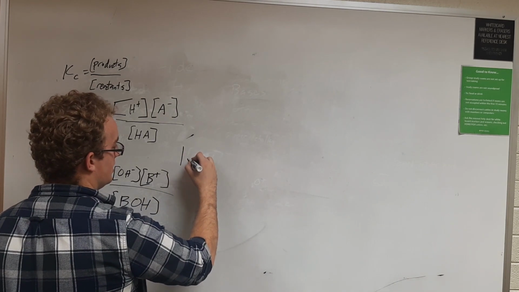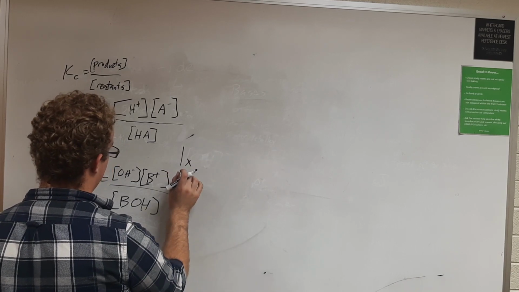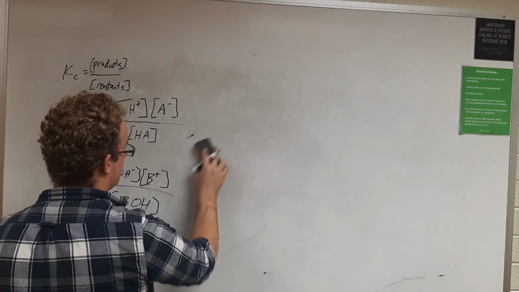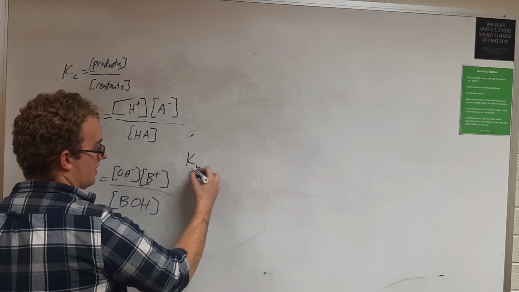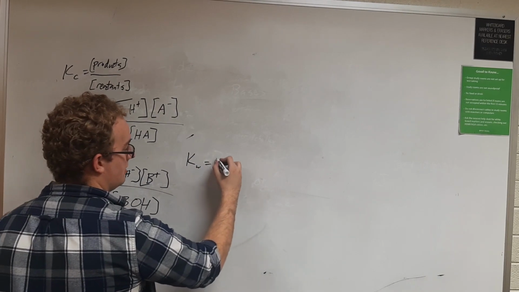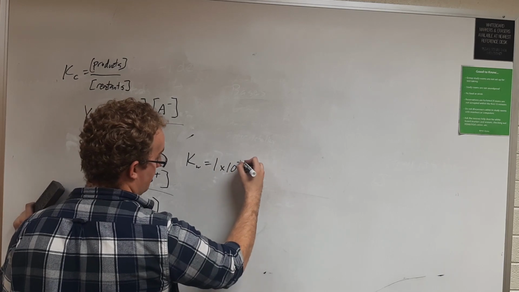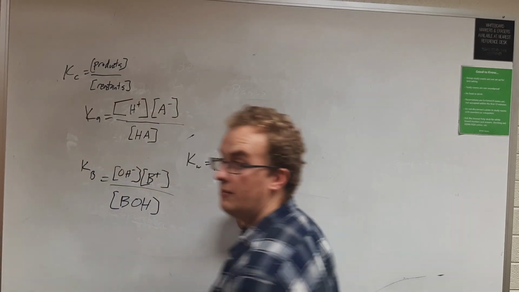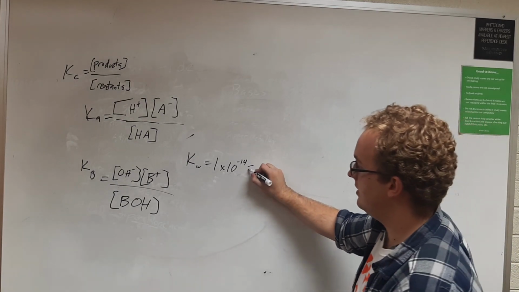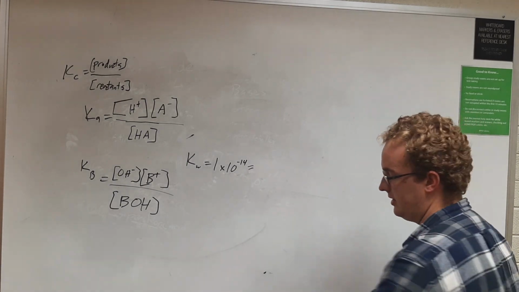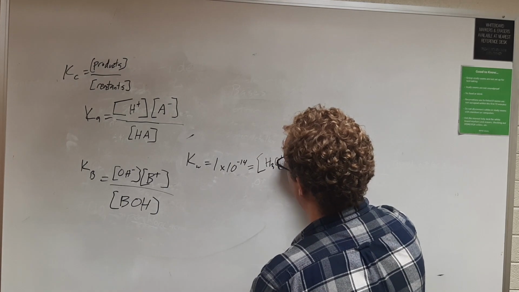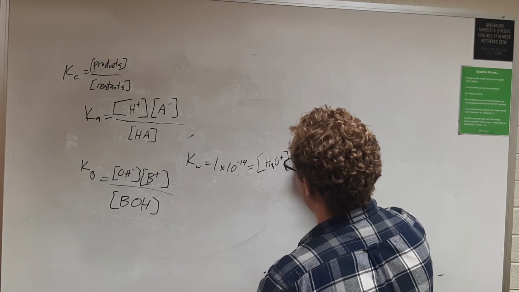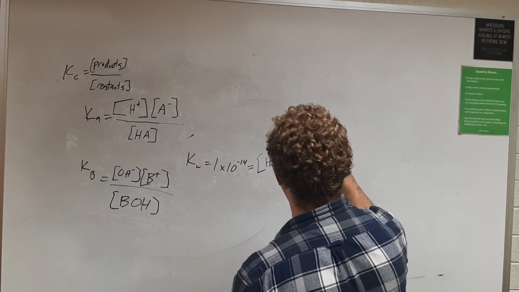It's been measured that the K sub W, K with water is the sub here, is equal to 1 times 10 to the negative 14. Pretty small number. And because it's pretty much all split into hydronium or hydroxide, it's just equal to the concentration of H3O plus times the concentration of hydroxide.